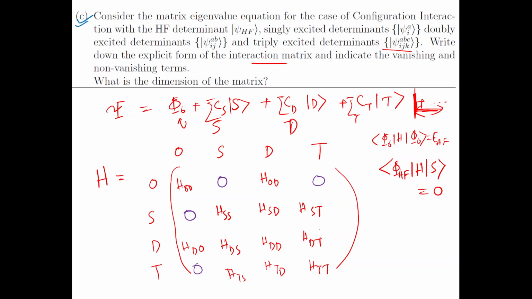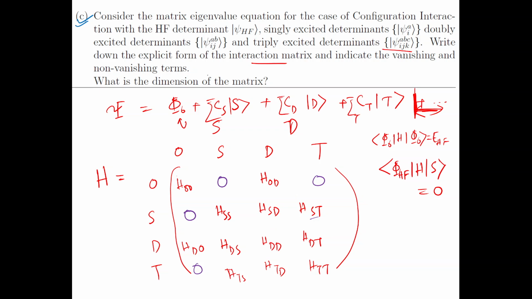However, for these singles and triples, there might be some elements that will be zero, but you cannot say that the whole block will be zero. But yes, some of the elements will be zero, depending upon whether there is a three spin orbital difference or not, right? And I do not see any other simplification here. So this is your interaction matrix.